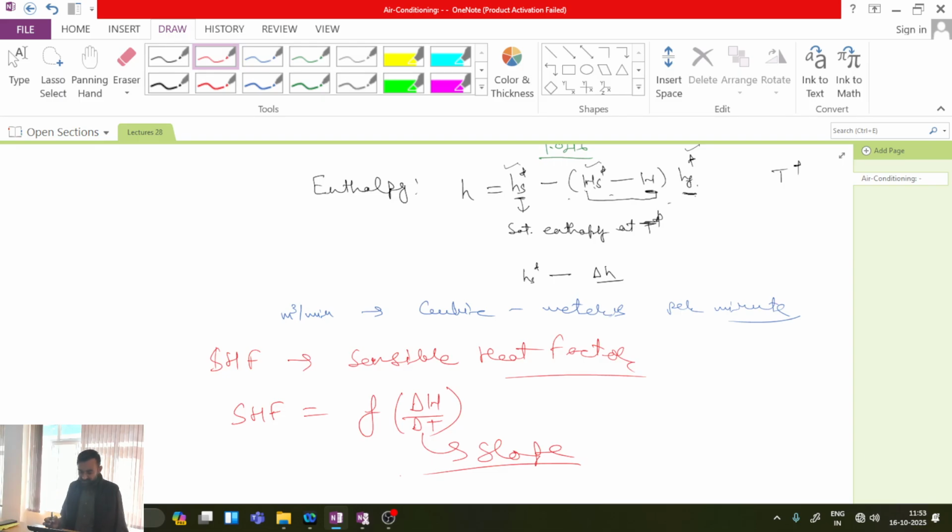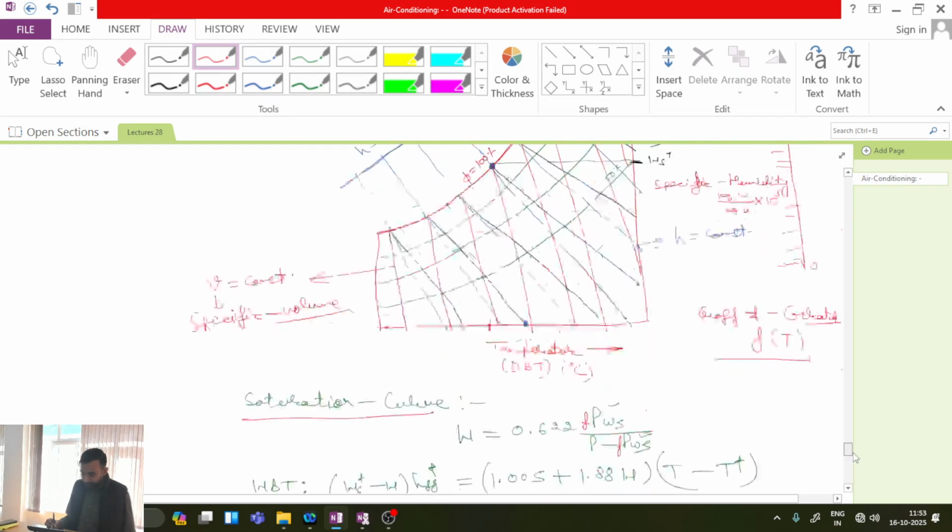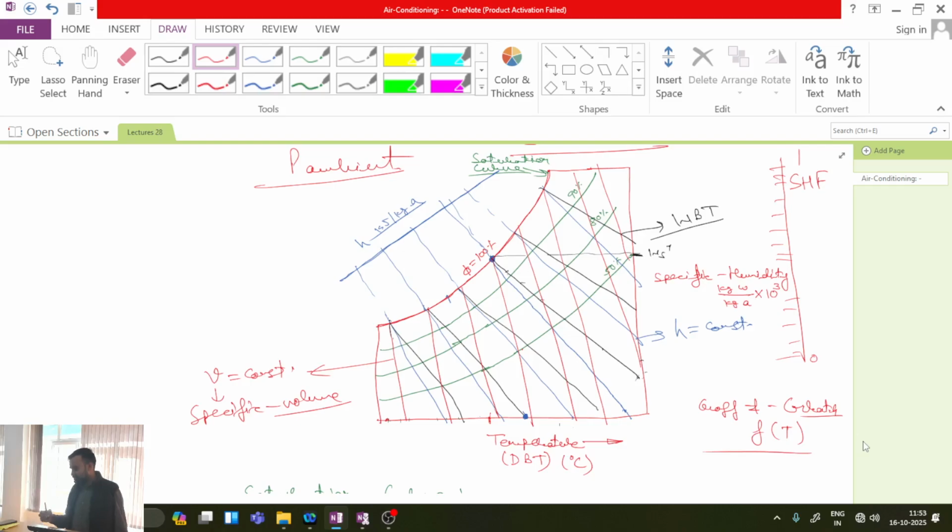For using the sensible heat factor scale, one important point is marked on the psychrometric chart, which is called the alignment circle. Somewhere over here you will have a circle like this. So please carefully observe your psychrometric chart. You will find a circle marked on it.